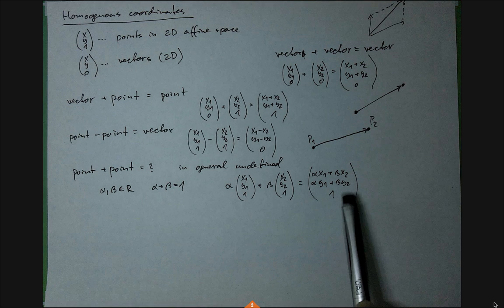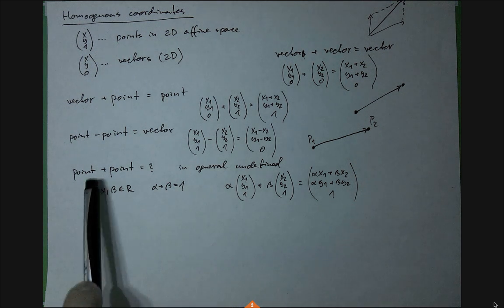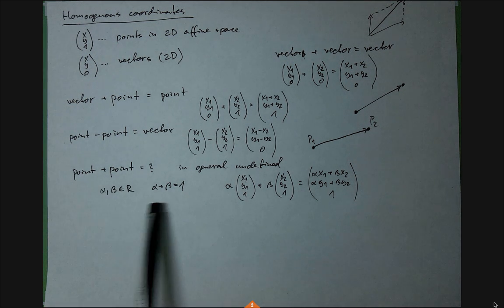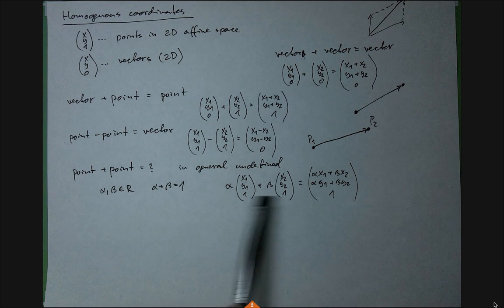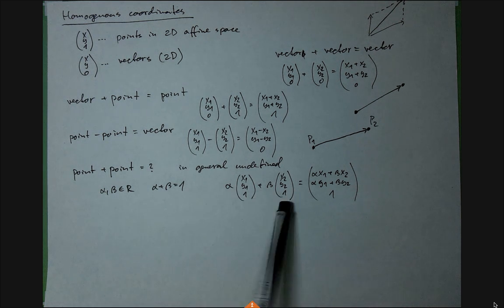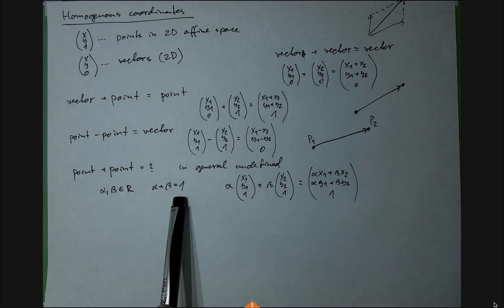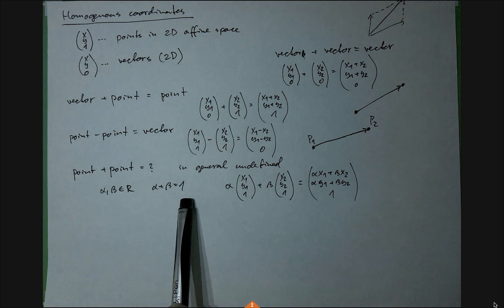So what is this special case where point plus point is defined, in case I multiply the homogeneous vectors by scalars that sum to 1? First of all, what is the geometric interpretation of this?